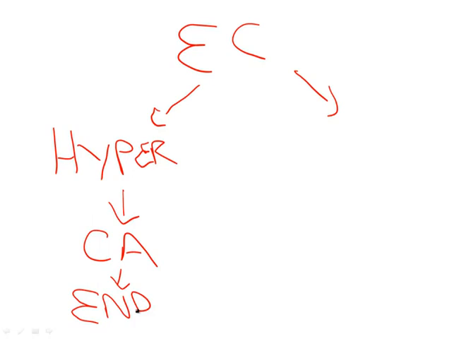Endo, E-N-D-O, metrioid. All right, endometrioid. Now, what we mean by endometrioid is that the cancer looks very much like the normal endometrium. So we call it endometrioid. And again, so that's one pathway. Hyperplasia, pathologic hyperplasia due to unopposed estrogen, which eventually results in carcinoma, which the classic histology of which is the endometrioid histology. Now the other pathway is called a sporadic pathway.